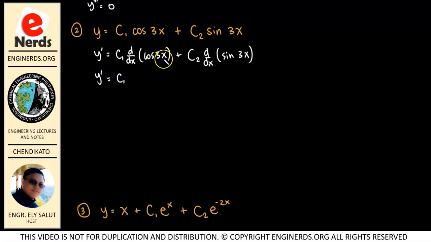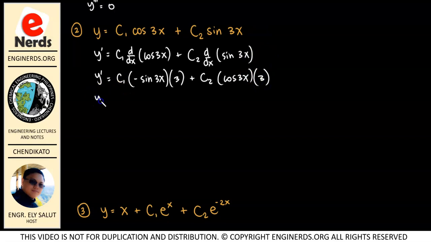The derivative of cosine 3x will be negative sine 3x times the derivative of 3x, which is 3, plus our constant C2, then the derivative of sine 3x, which is cosine 3x, times the derivative of 3x, which is 3.